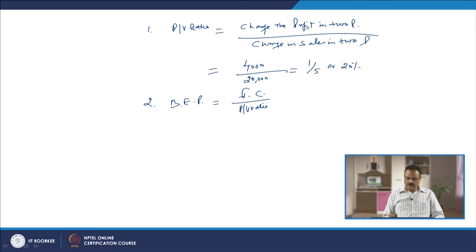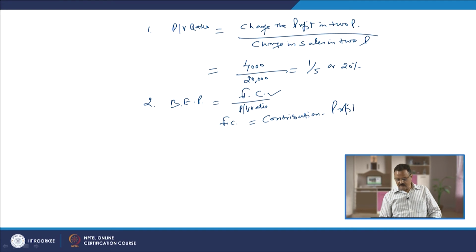Now, we are not even given the fixed cost. So, we have to first find out the fixed cost, or the fixed expenses. The fixed cost is equal to contribution minus profit, because from the total contribution we have to cover both the fixed cost and the profit.